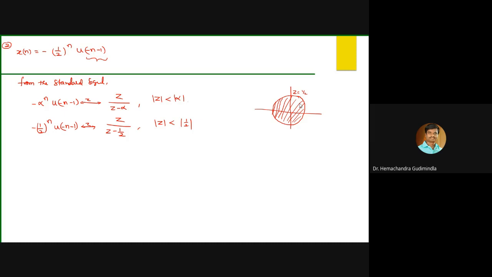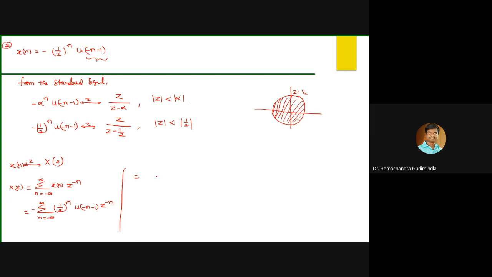But in exam, if they give this one, you need to write the procedure. What is the procedure? Z transform of x of n is X of z, where X of z is equal to summation n equal to minus infinity to infinity x of n z power minus n. What is x of n? X of n is nothing but minus of 1 by 2 whole power n u of minus n minus 1 into z power minus n.